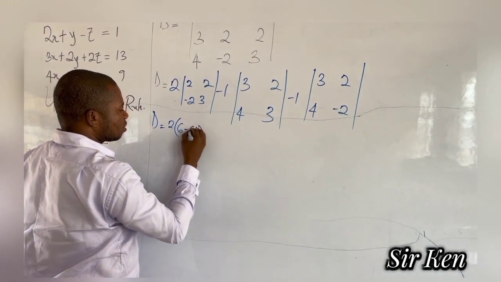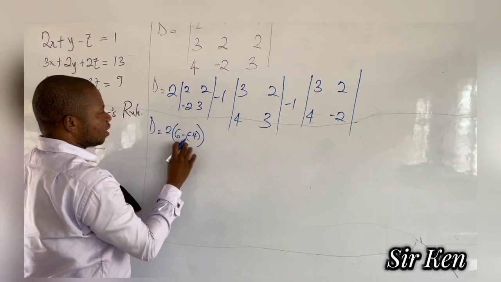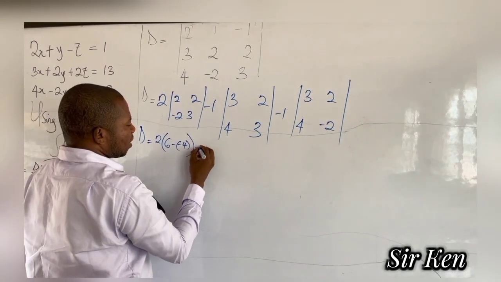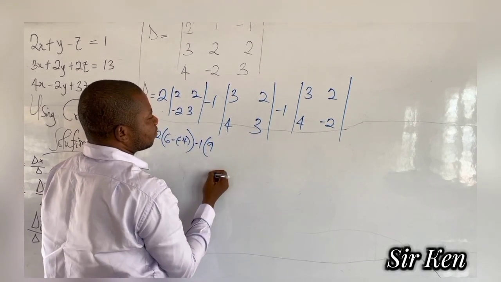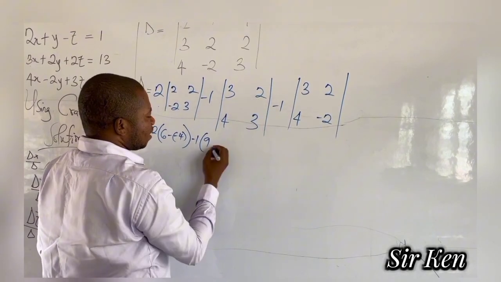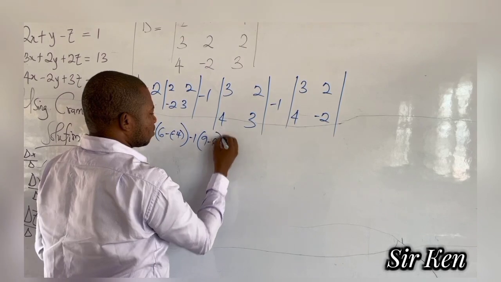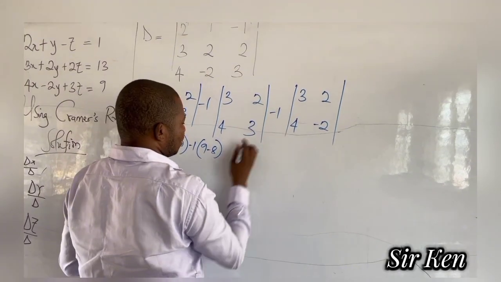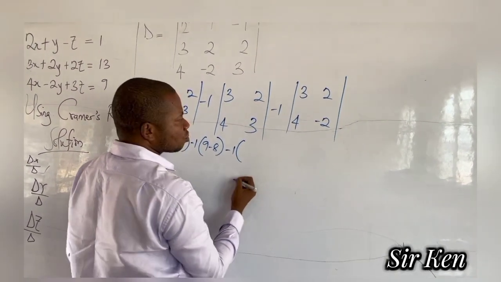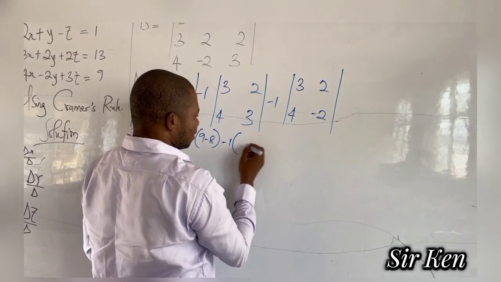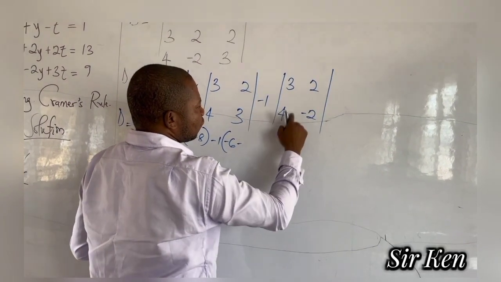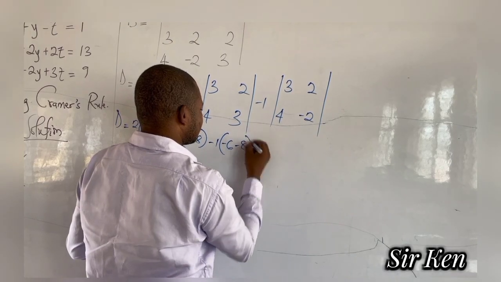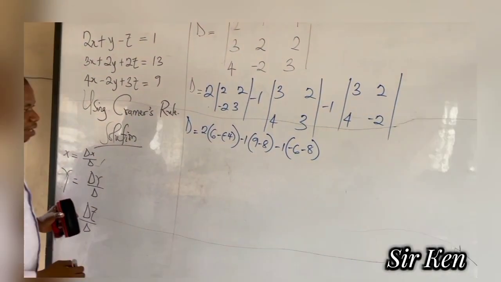Coming here, I have minus 1 into this times this gives 9, this times this 8, that is 9 minus 8. Coming here, I have minus 1 into this times this gives negative 6, minus 4 times 2, that is 8.